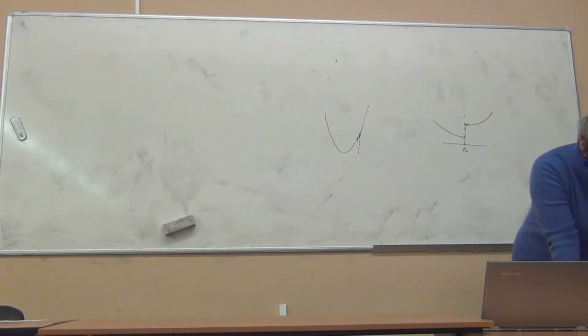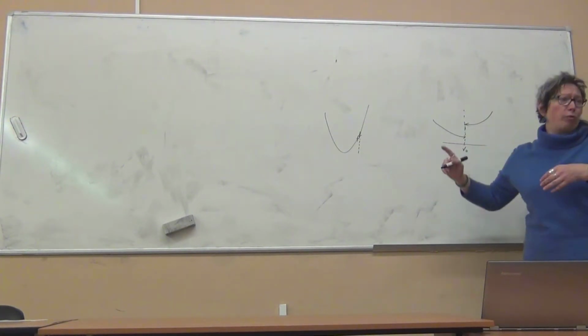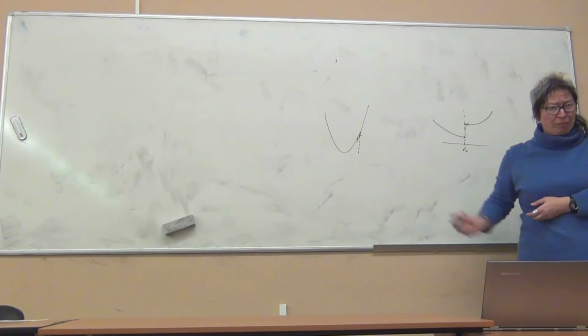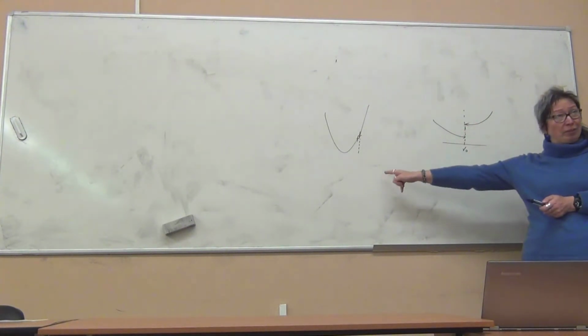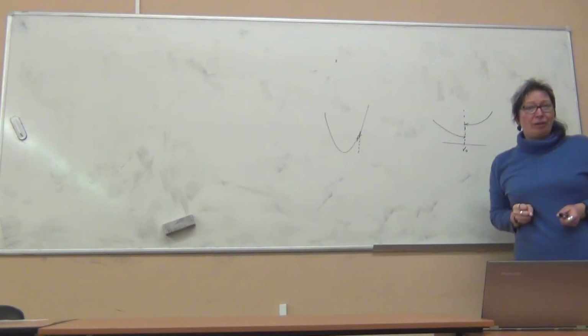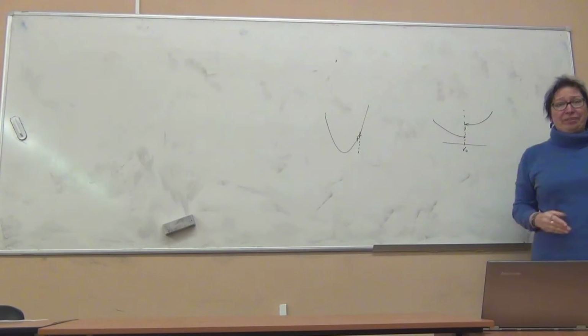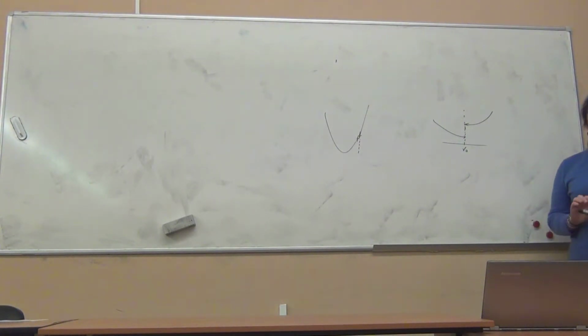This is called removable discontinuity, because I can remove it simply by saying, all right, let's define f of 3 equals 12. If I redefine the value at that specific point, it's like I plug the hole, like in the bath. I can plug the hole by simply redefining one single point.